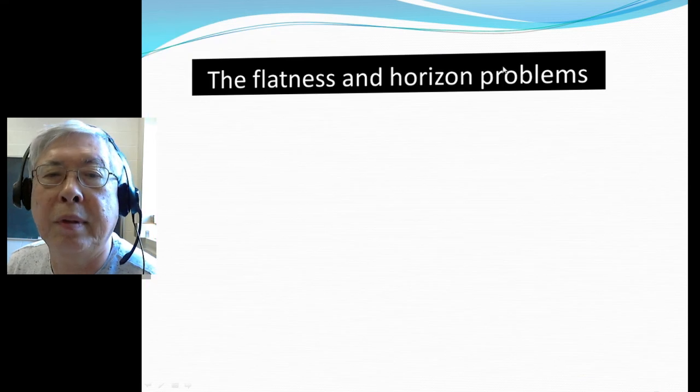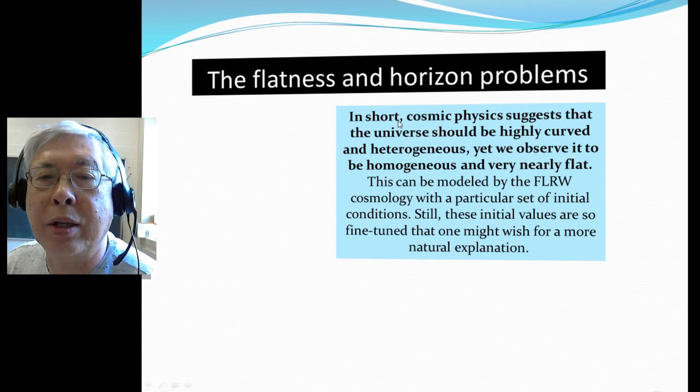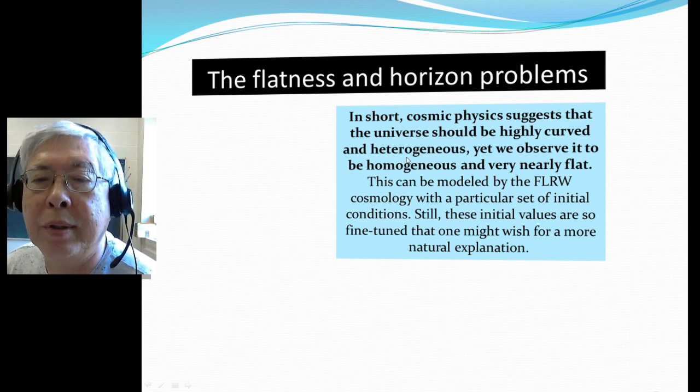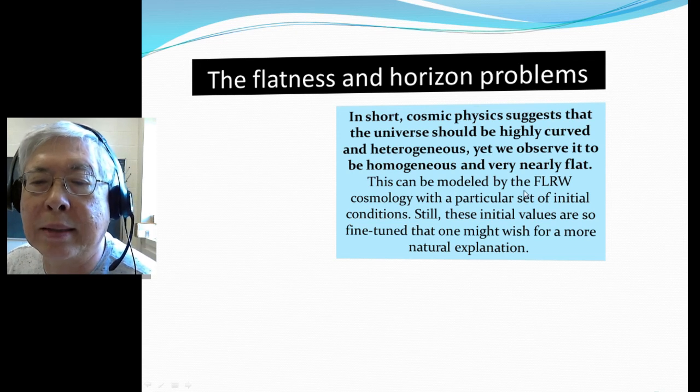So we have the flatness and horizon problems. In short, cosmic physics suggests that the universe should be highly curved and heterogeneous, yet we observe a homogeneous and very nearly flat universe. This can be modeled by saying that the FLRW cosmology has a particular set of initial conditions.